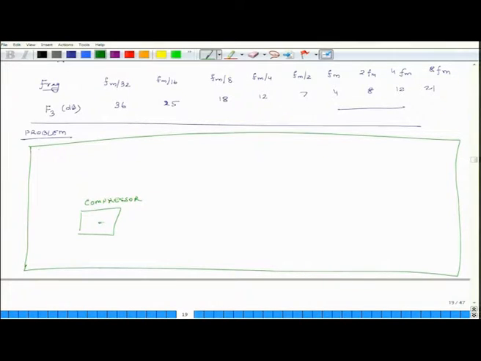And I am interested in finding out LP at a distance away from the compressor, and let us say this distance is 15 meters.